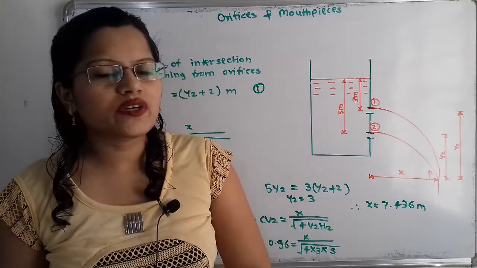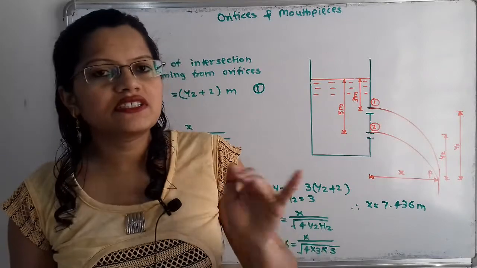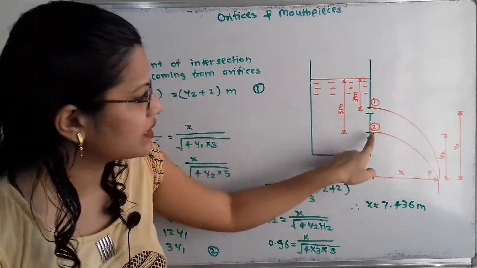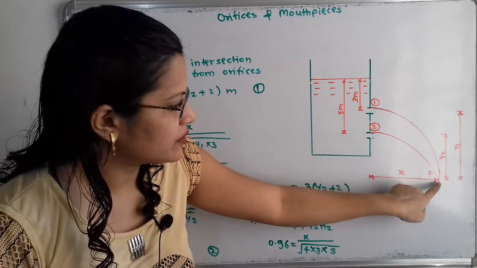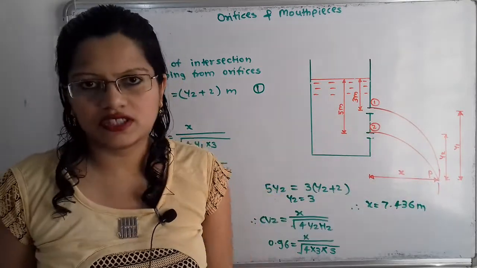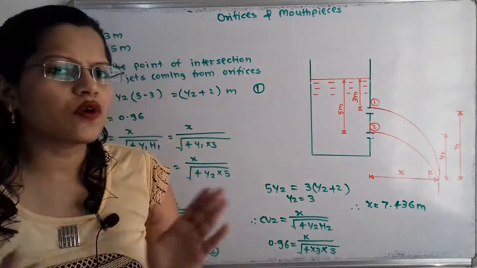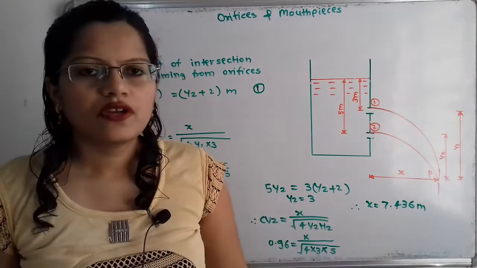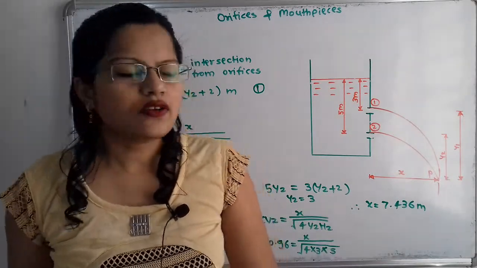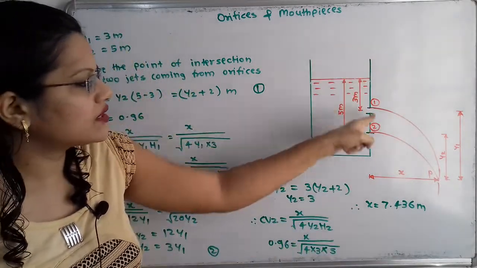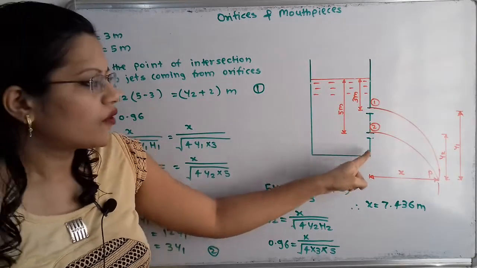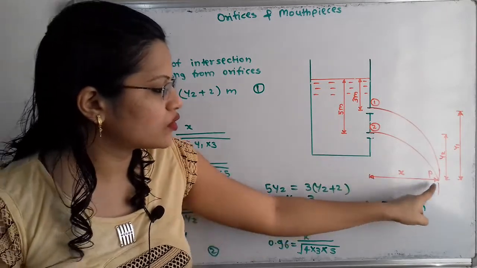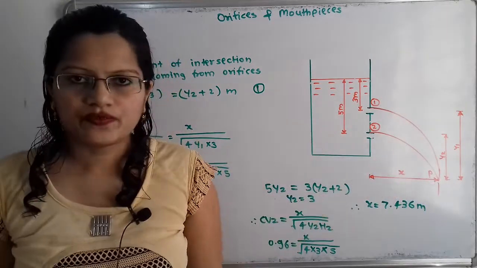Now we know that due to gravity the jet diverges in the downward direction. So here is the jet from orifice 1 and here is the jet from orifice 2. Here is the point of intersection, and we have to find the location of this point P. It is given that the two orifices are placed on the same vertical line. From this vertical line we will consider the horizontal distance of point P as x.